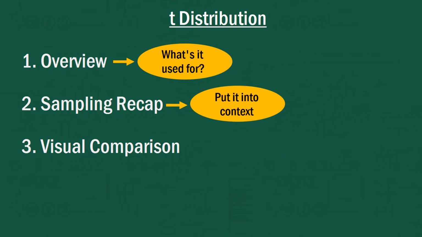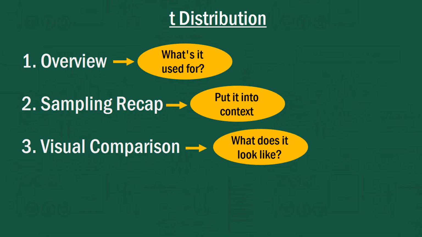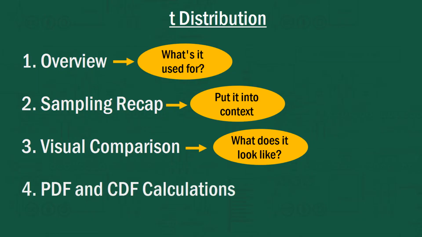We'll then have a look at a visual comparison of the t-distribution, in particular against the standard normal distribution, or the Z distribution if you like. So of course that'll give you a good sense of what it looks like across varying degrees of freedom. And finally, we'll assess how to calculate both probability distribution functions and the cumulative distribution function as well.